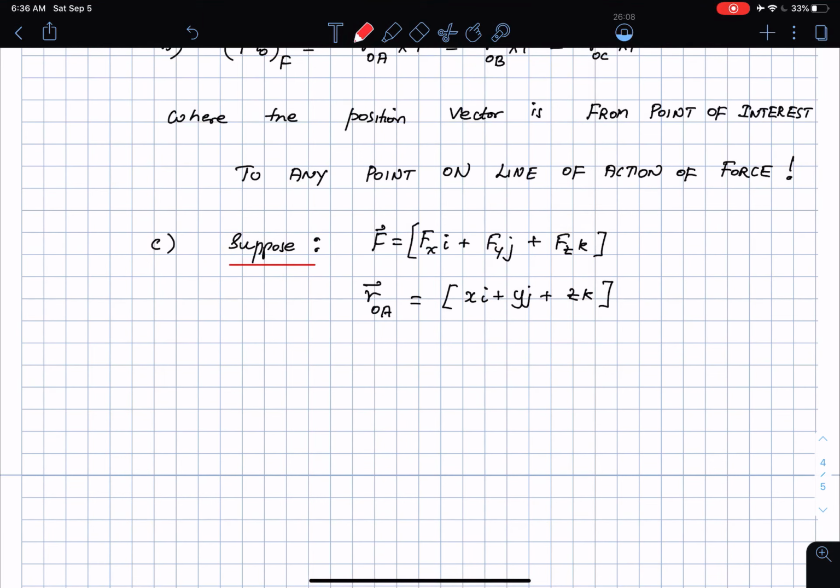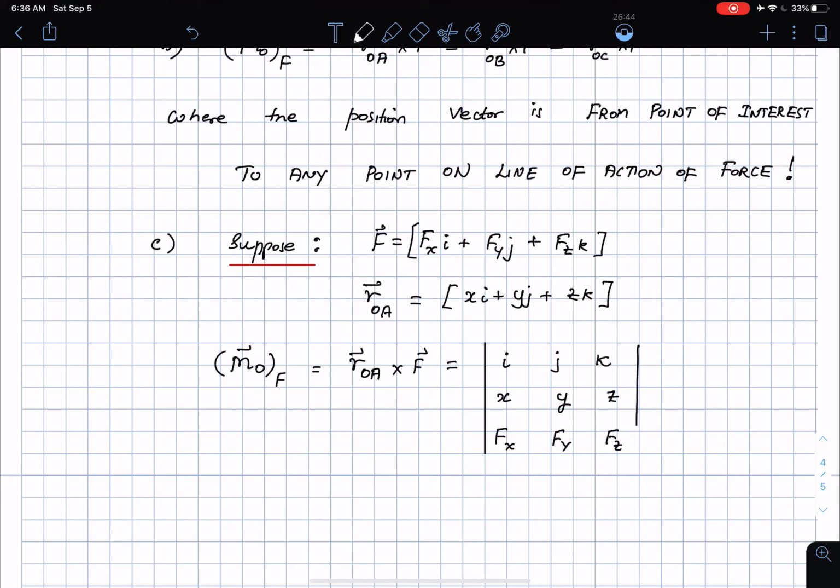Then the moment of the force F about the point O, which is given as ROA cross F, can be given by the following determinant. The first row of this determinant will have the unit vectors i, j, and k. The second row will have all the elements of the position vector, which is X, Y, and then Z. And then the third row will have the elements of the force Fx, Fy, Fz.